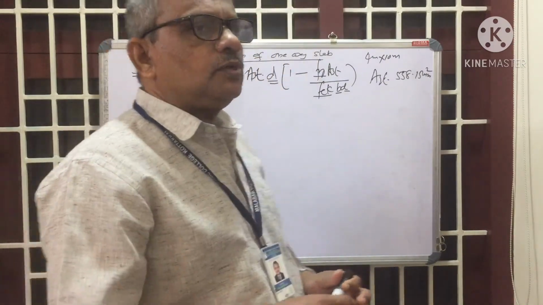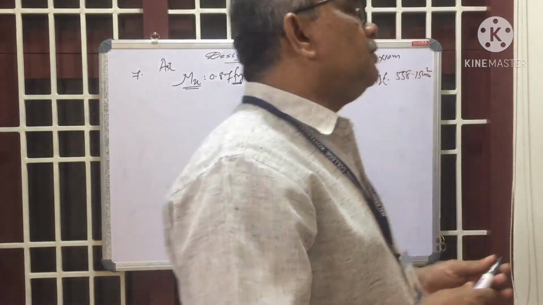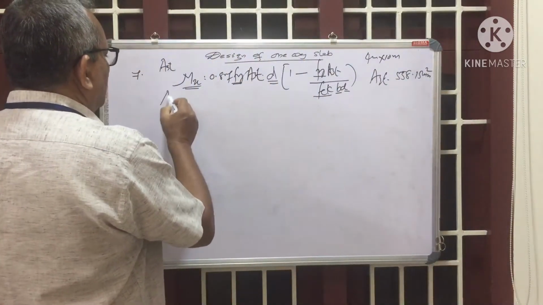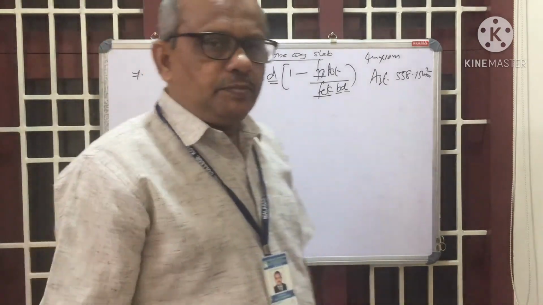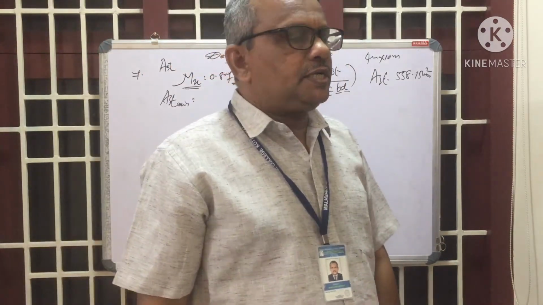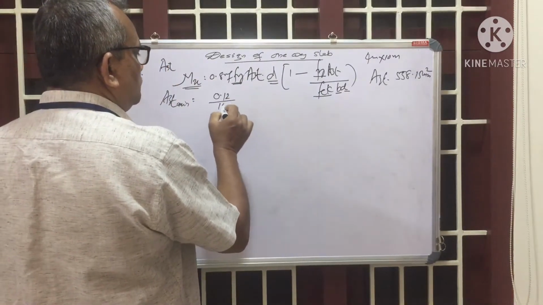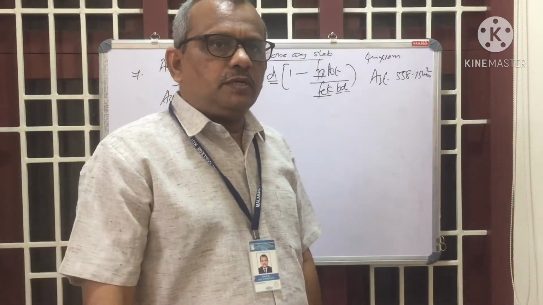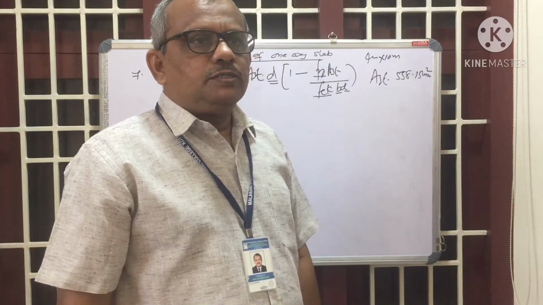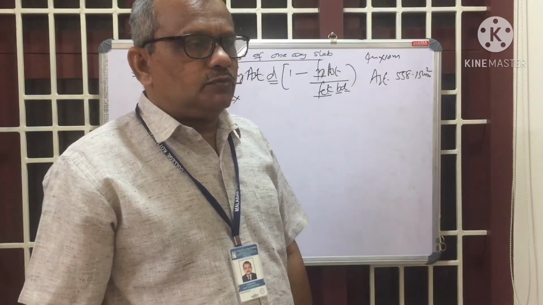Now, as per the code IS 456, when you refer to page 48, you can see the minimum tension reinforcement, AST minimum for the slab. The minimum area of tension reinforcement is 0.12 percentage of the gross area for HYSD bars.